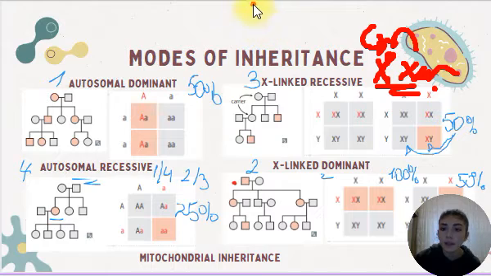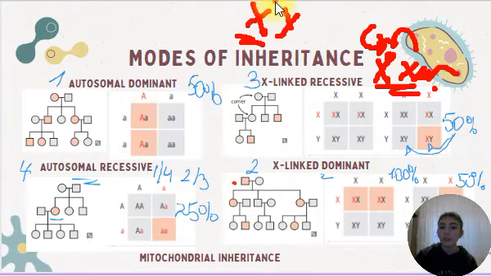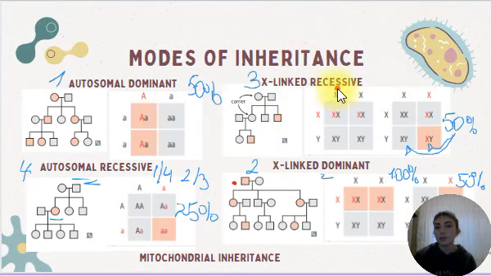But in the case of males, they have only one X, and if it's affected, they develop the disease, and therefore only males will be diseased if they get this pathologic X, right?